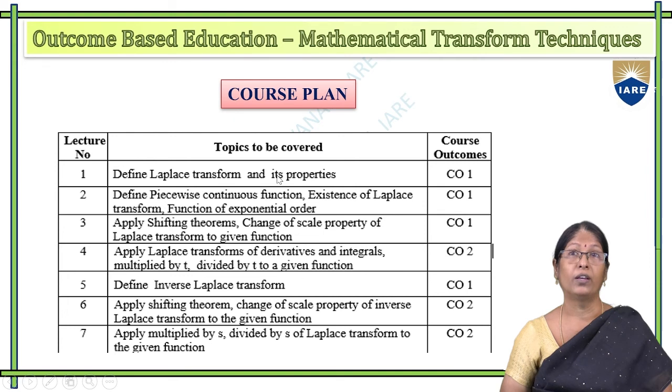If you are taking 3 course outcomes, 3 course parameters are designed or framed, so that the student should compulsorily possess the knowledge of the complete syllabus of Laplace transform upon completion of the course, that is, at the end of the semester. So the 9 classes satisfy the course parameters, that is the course outcomes.